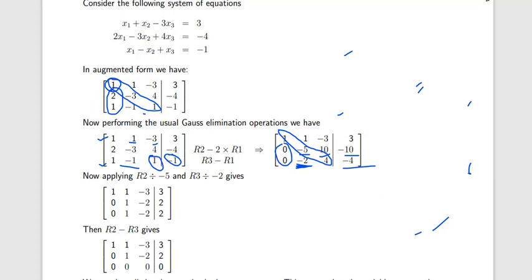So how do we change it? We want to change these two values, minus 5 and minus 2.